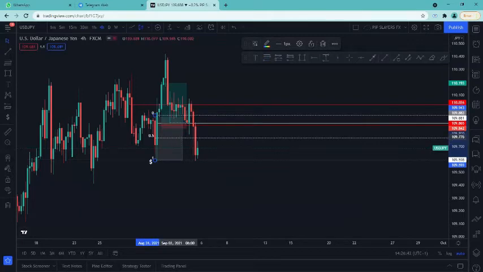If I enter here, I would likely set my targets around this structure that was broken, and my stop loss would be beneath this. But this is a very huge risk I'm not willing to take.